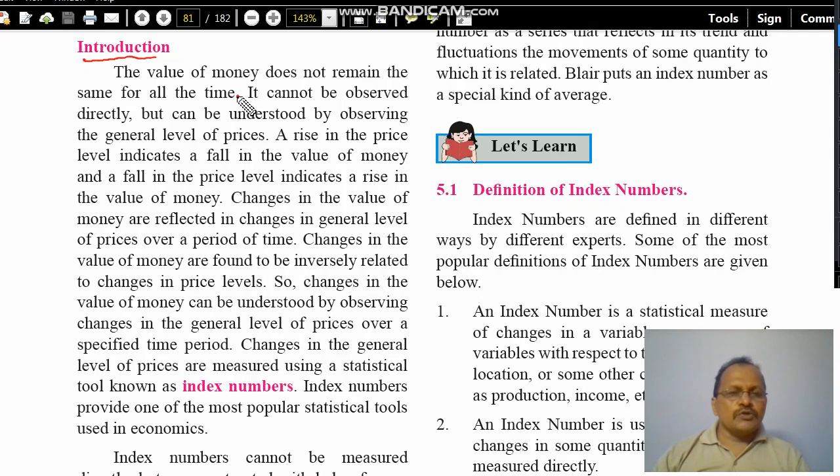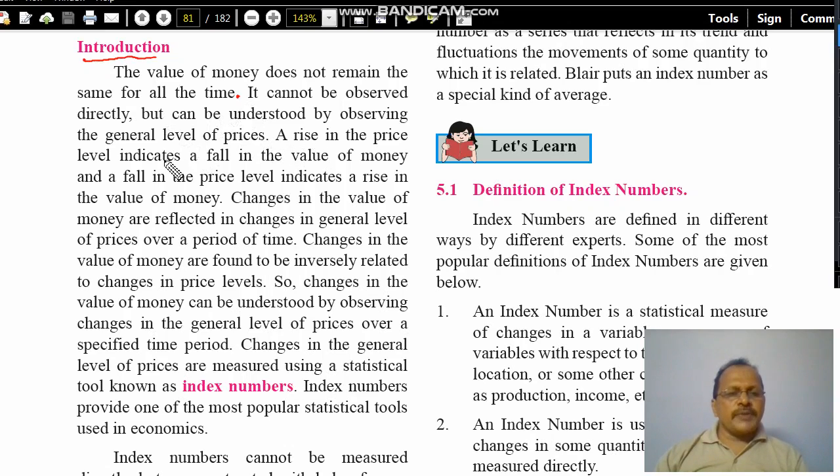At that time, the sugar was just 1 rupee per kg. Now it is 35 rupees per kg, etc. It cannot be observed directly, but can be understood by observing the general level of prices. I have given just one example, but that doesn't give you the total understanding of the situation.